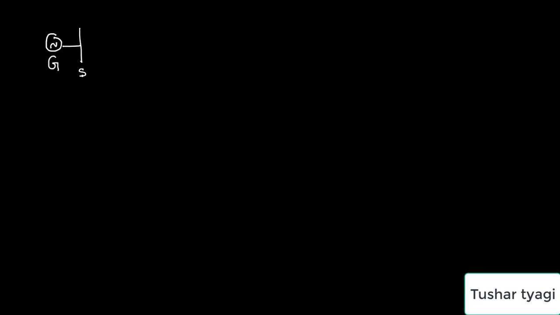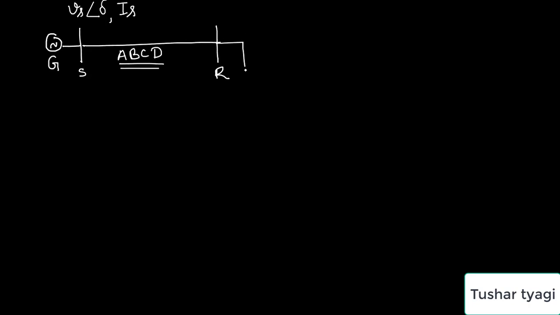I can assume that the voltage here is Vs angle delta, and the current is Is. Current always depends on the load. This is the transmission line by which the sending end and receiving end are connected. Let us assume the ABCD parameters for this transmission line are A, B, C, D. The load is connected at the receiving end.